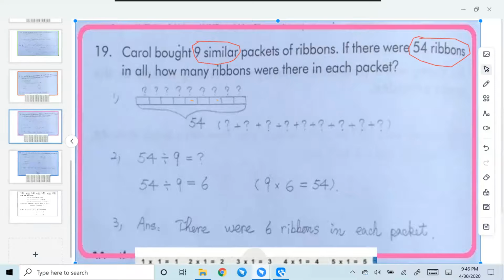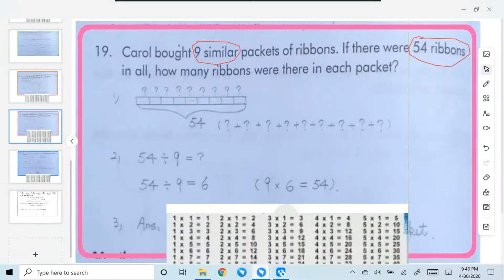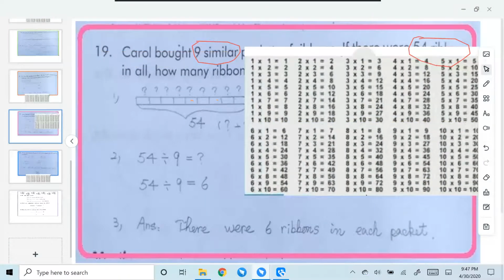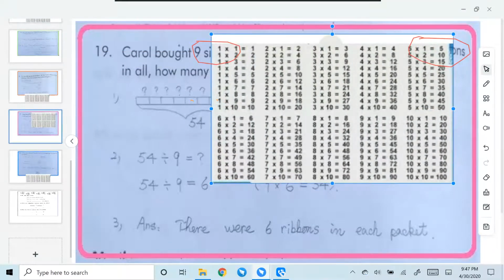So we know 54 divided by 9 groups equals what? We want to find out. Then it's easier if you have a timetable chart already here. Looking to the timetable line, it's 9, and looking for 54. Then you know 9 times 6 equals 54.